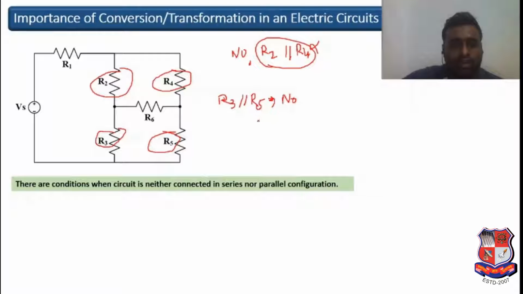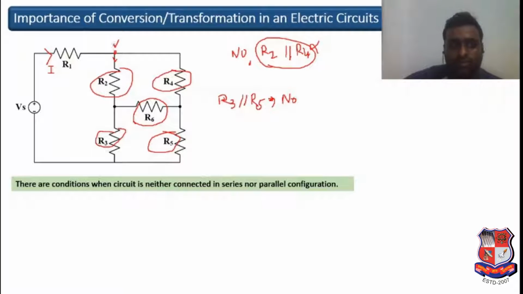Why are they not connected in parallel? Because the potential across both the elements is not the same. The potential will be different at both the elements. Second question: is R1 in series with R2? The answer is no. Why? Because a current I flows here and gets divided at this node.